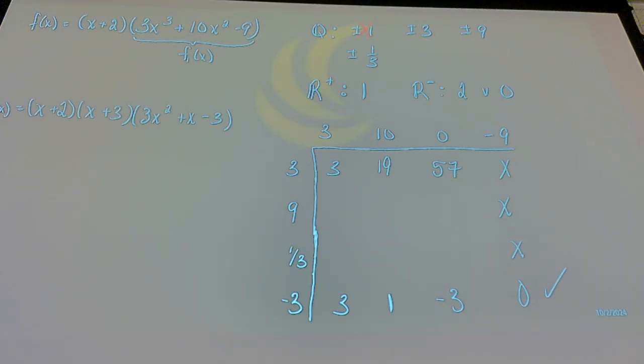Spent probably most of algebra doing this. QF. Quadratic formula.